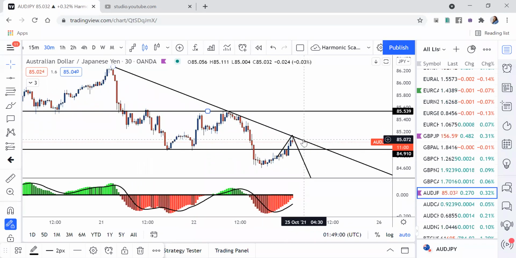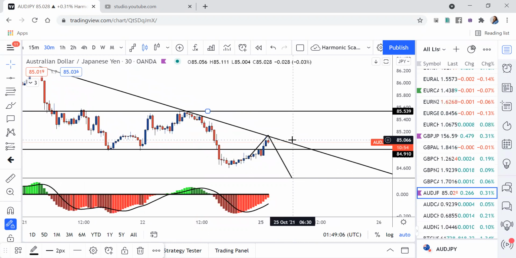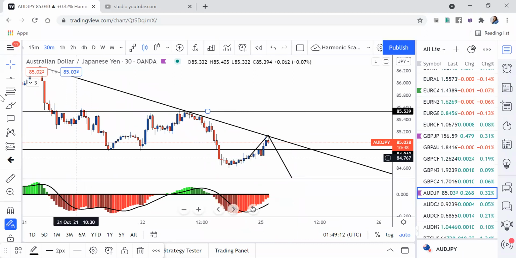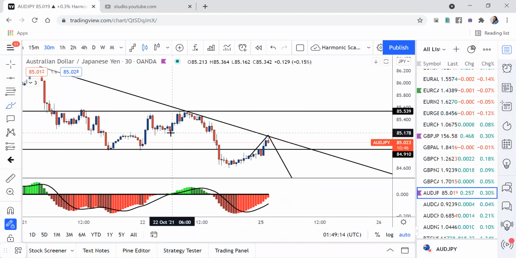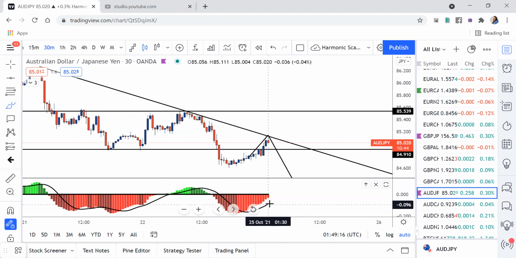So don't enter this right now as yet. Wait. Let's see if price just respects the trend line and then continues to push down. What I would love to see is a similar thing to what happened here.